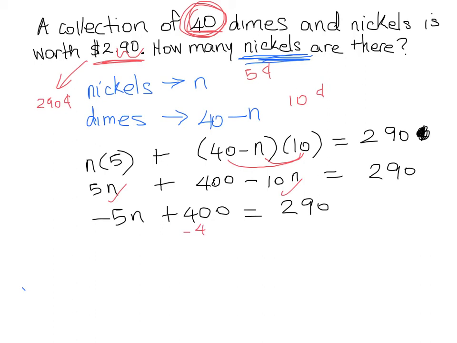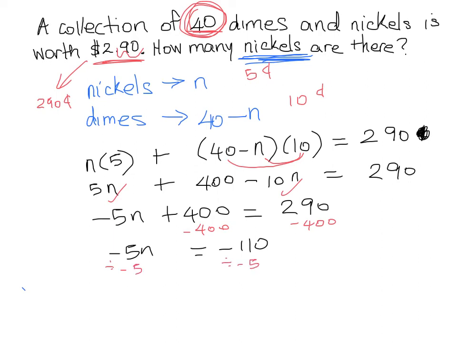All right, so we want to isolate the n, so it might be a good idea to take 400 from that side to get the n closer to being alone. And so we get that negative 5n is equal to negative 110. Now finally, our last step in getting that n alone is dividing both sides by negative 5.